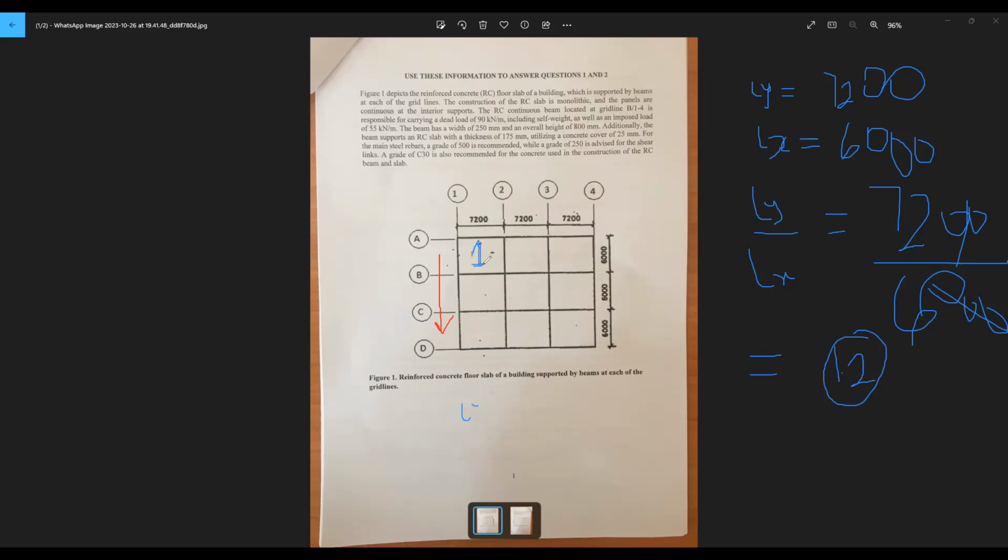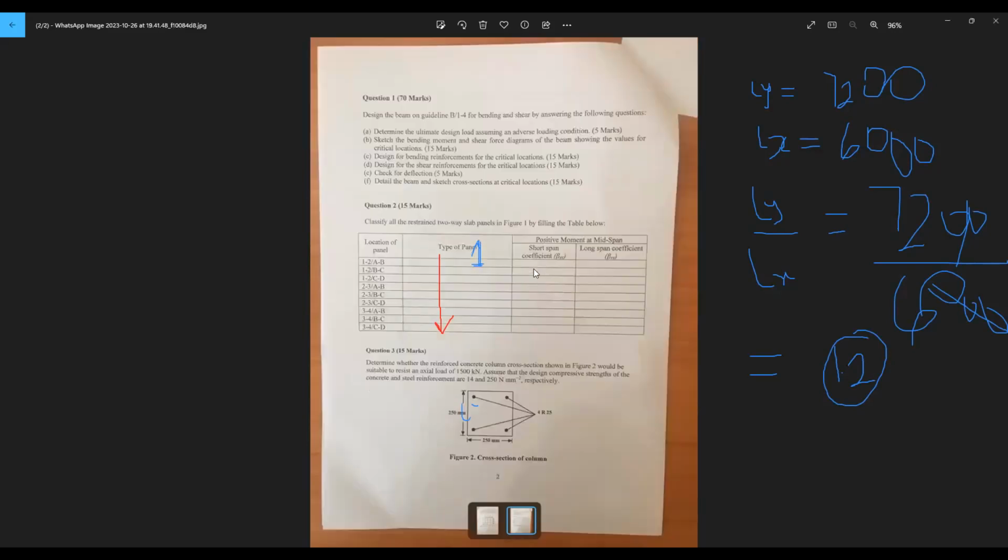Okay. So we go back to this place. Then we look for positive moment at midspan. Get back under the 1.2. Under the 1.2, we look for the type of panel that panel 1 belongs to.